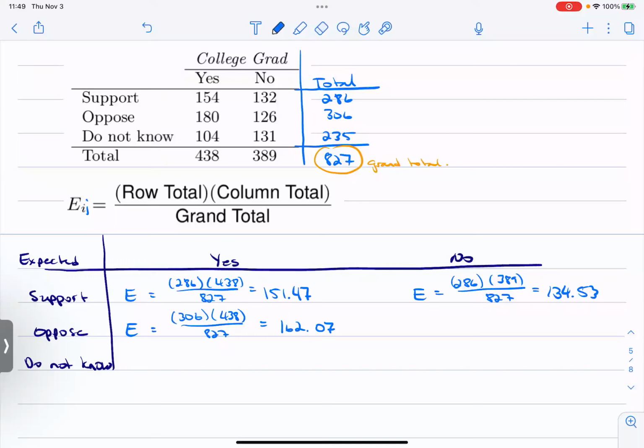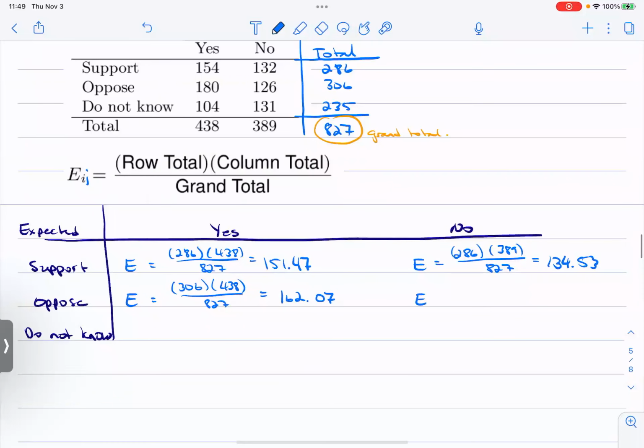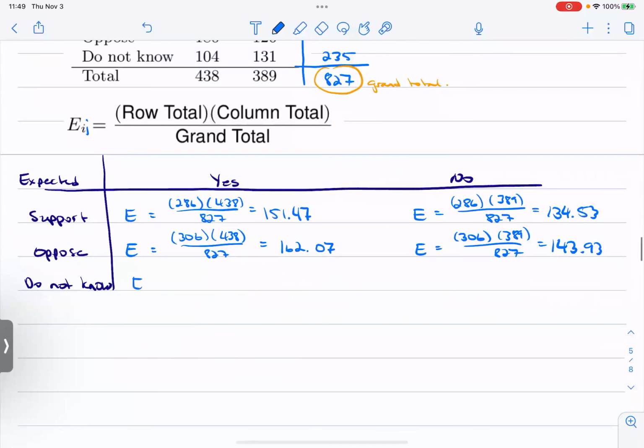Okay. So let's keep going. 306 times 389 divided by 827, 143.93. And the expectation here, 235 times 438 divided by 827, 124.46.